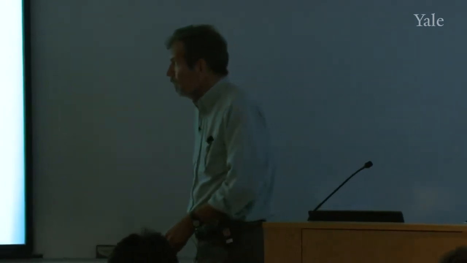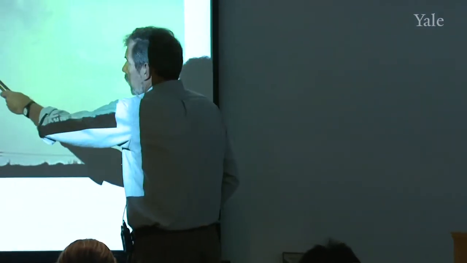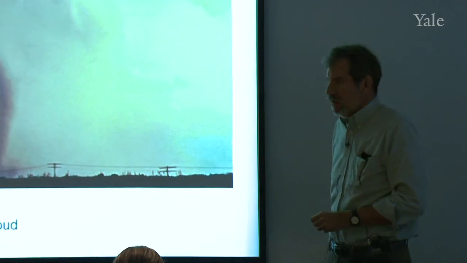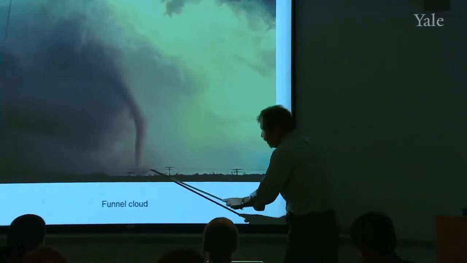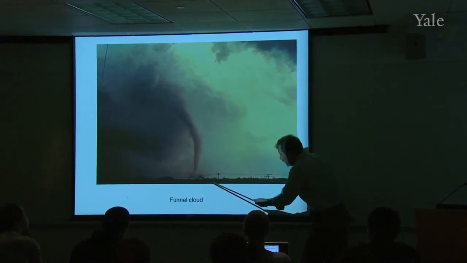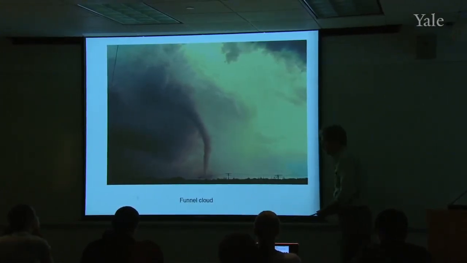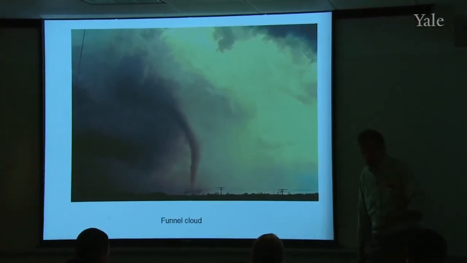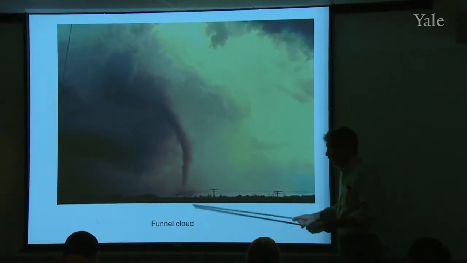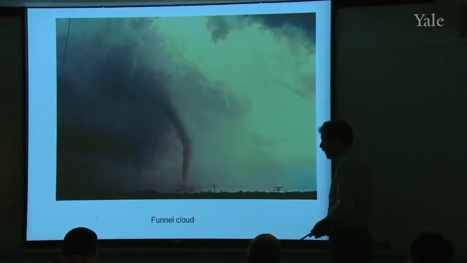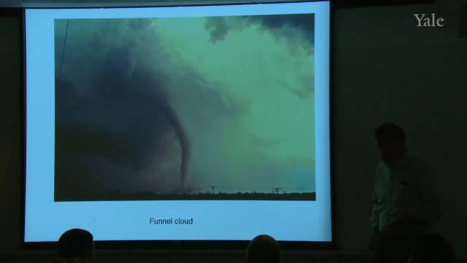So a tornado, this part of a tornado is called the condensation funnel. Now, sometimes another funnel is identified near the bottom, and you can begin to see evidence of it here, the dark region. That's called the debris funnel. That's material that's been kicked up off the surface and is being carried upwards. I'm not talking about that one. I'm talking about this actually much more spectacular funnel. That is just a cloud.